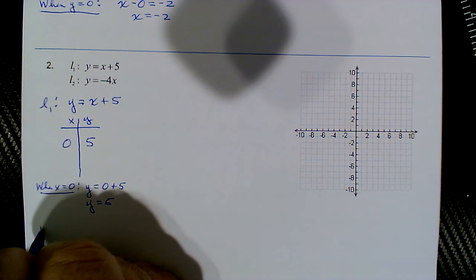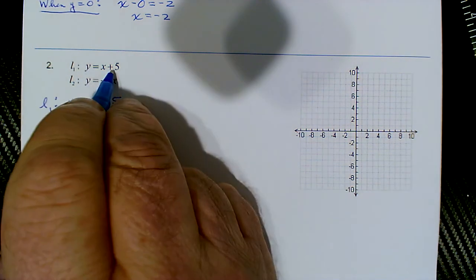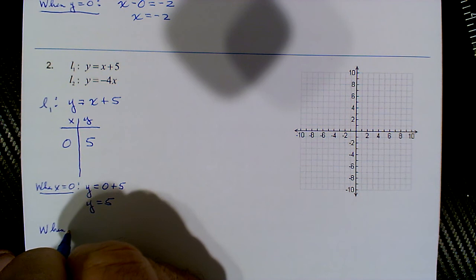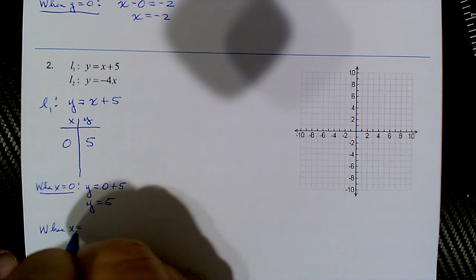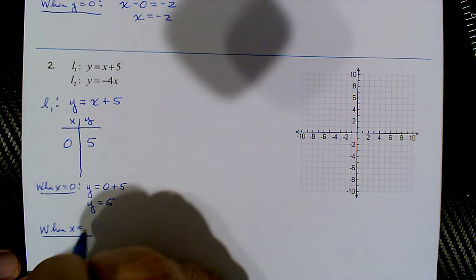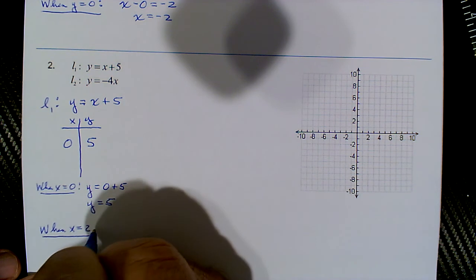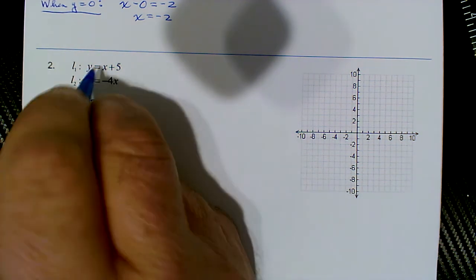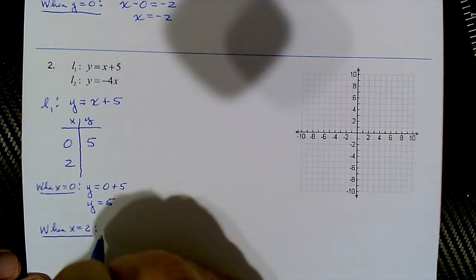And then just pick any other value because y is given explicitly in terms of x. I mean, you could use the intercept method here, but I'm just going to choose a different value of x. And I'm going to say x is 2. It doesn't matter what you pick. If you want to pick y is 0 and use the intercept method, that's fine.